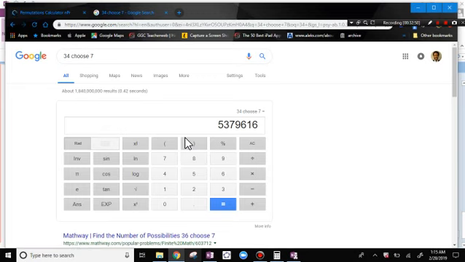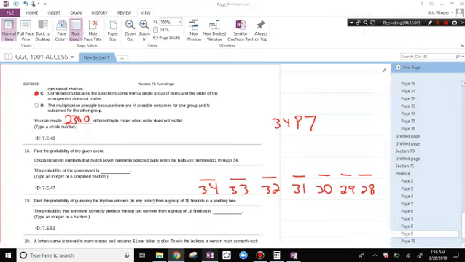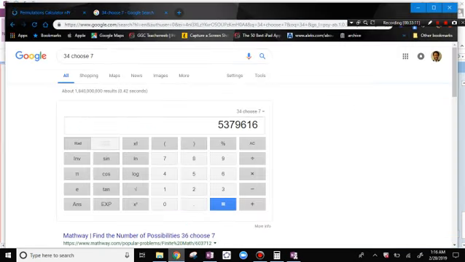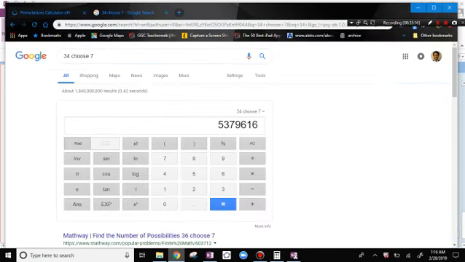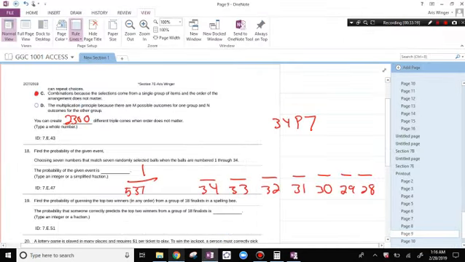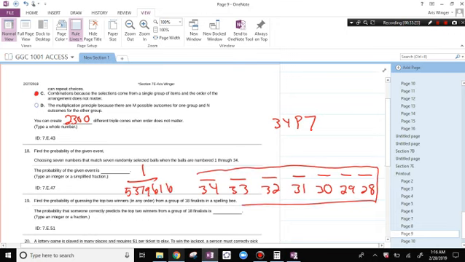It's 1 out of 5,379,616. If you had done it this way, you would have gotten it immediately. But just make sure we do 34C7 because I don't care how these numbers come out. The order does not matter when you're trying to win the lottery.